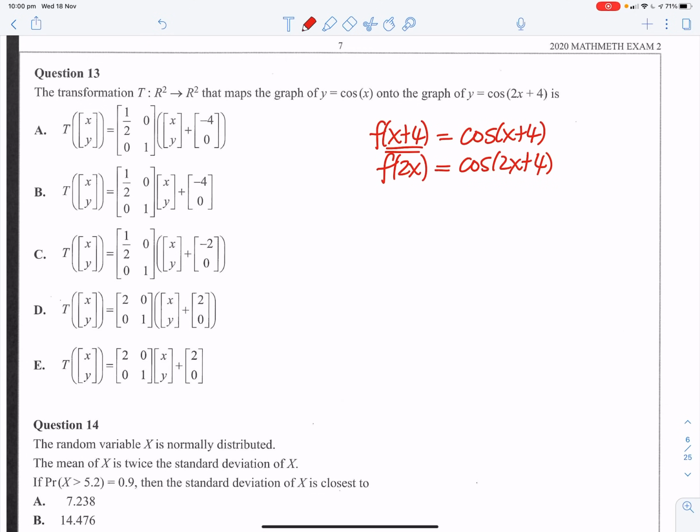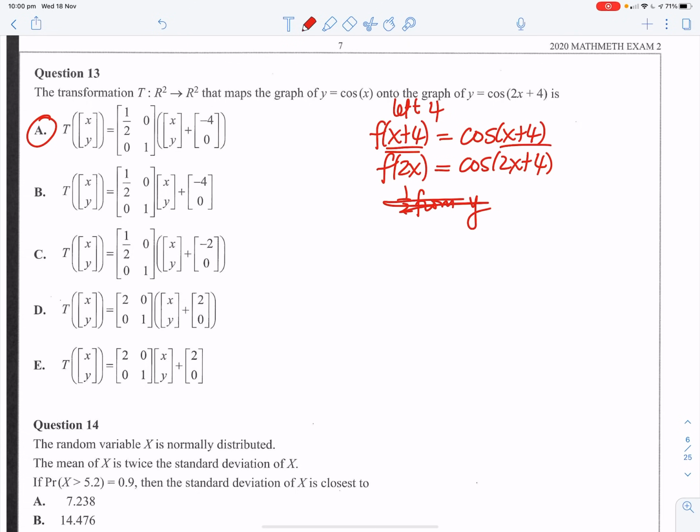So if we translate it left 4 and half from y, the translation first, left 4 and a half from y, that works.